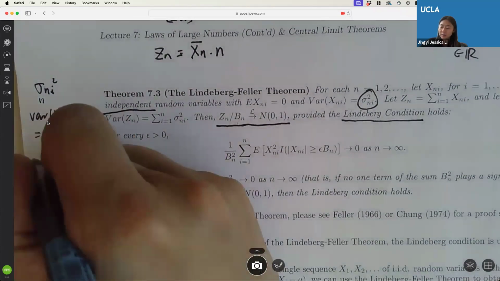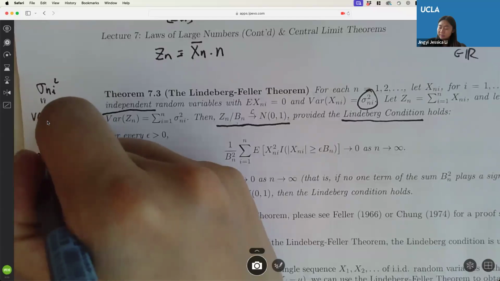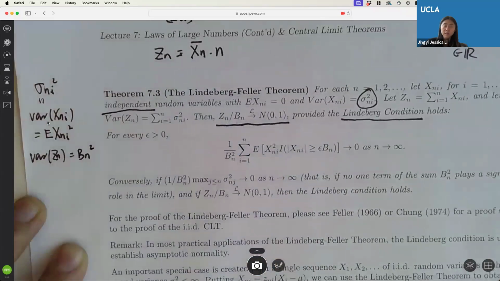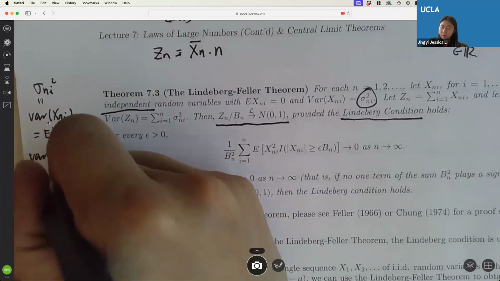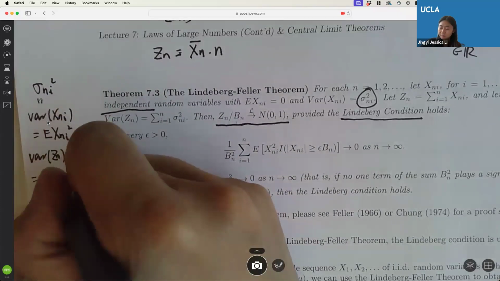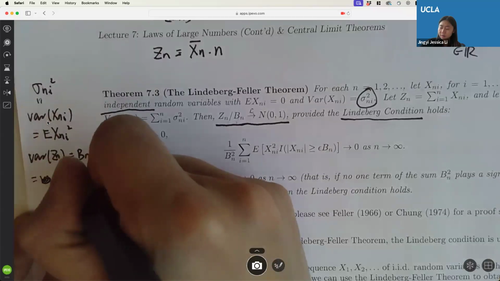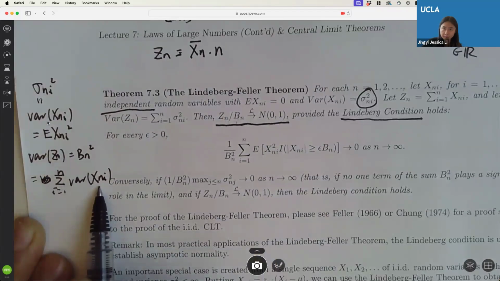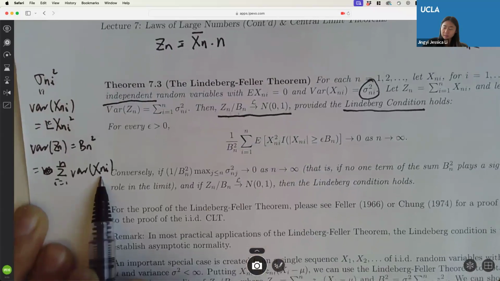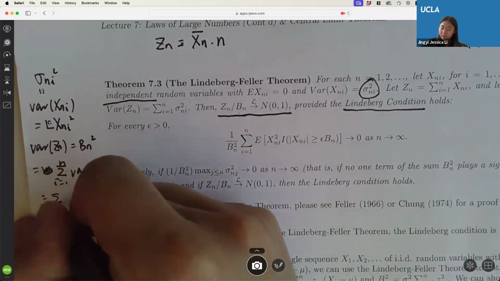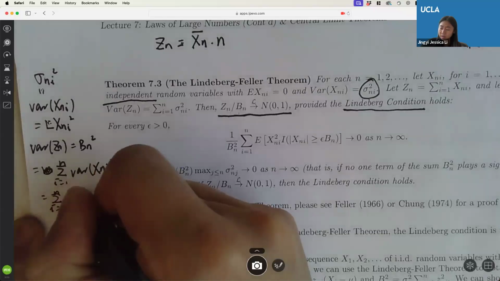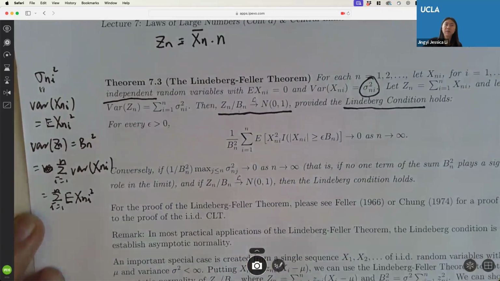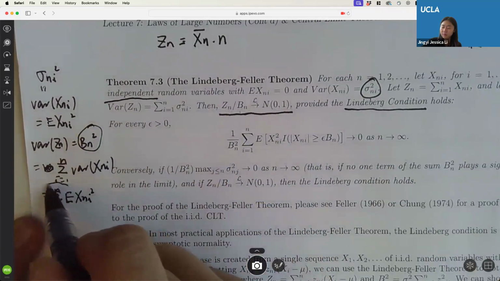Another fact is that the variance of Zn, which we denote as Bn squared, is just equal to the sum, i from 1 to n, of the variance of X_ni, because Zn equals the sum of X_ni, and the X_ni's are all independent. We still have independence. And then this is equal to the sum, i from 1 to n, of the expectation of X_ni squared.